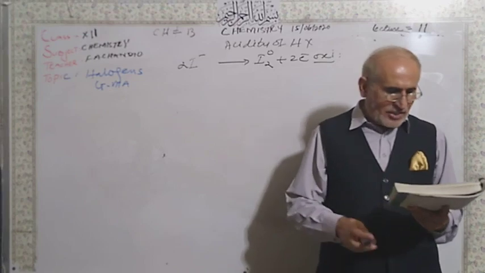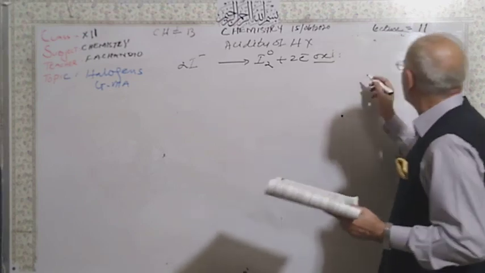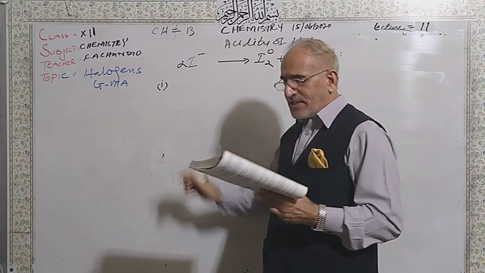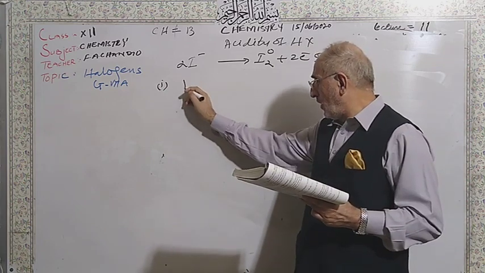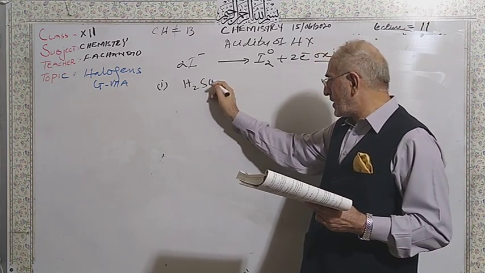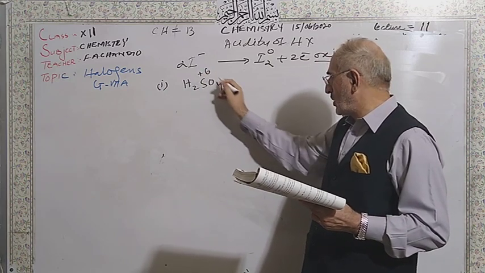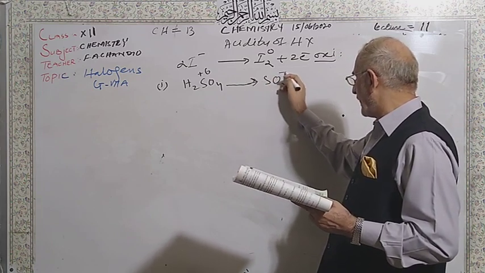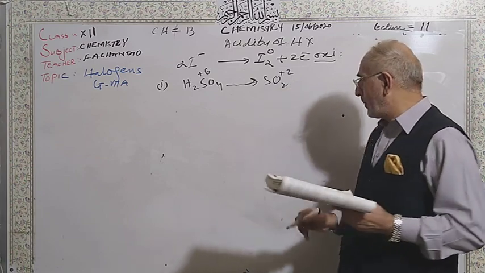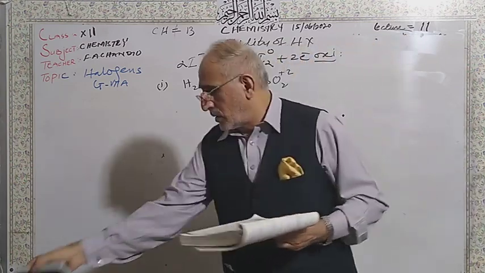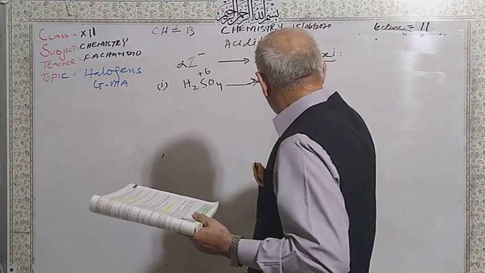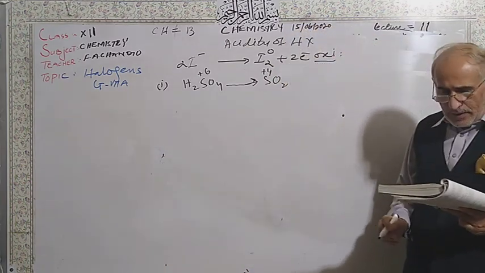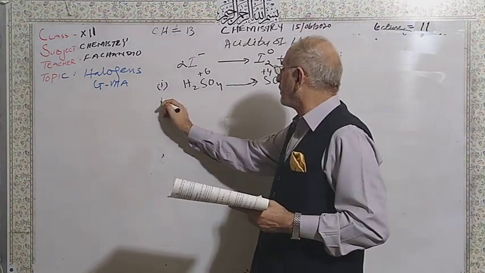The iodide ions first, there are steps. In the first step, sulfuric acid, positive 6 oxidation number, changes into sulfur dioxide gas. This is step number 1. So here the chemical reaction should not stop.